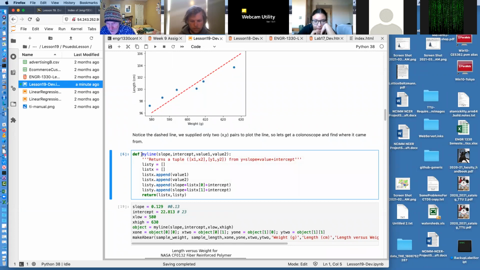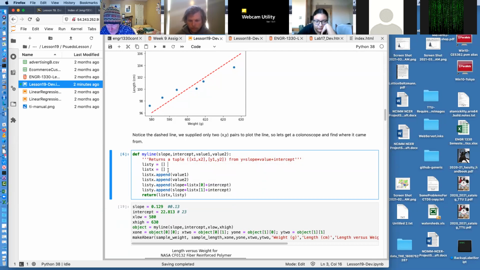We can create a function called myLine, although I should call that what's my line, and we'll have variables named slope and intercept, value 1 and value 2. And what this function will do is return a tuple, x1, x2, y1, and y2 from the formula y equals slope times value plus intercept.